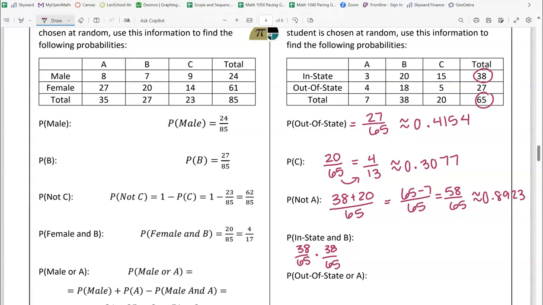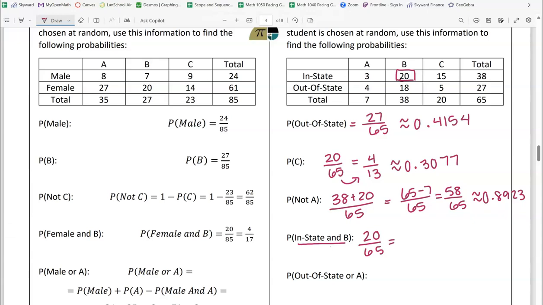You can do that, but with two-way tables, it's actually quite a bit easier. All we have to do is go to the box of all the in-state students who got a B. So in-state and B, that would be 20 out of our 65 students.